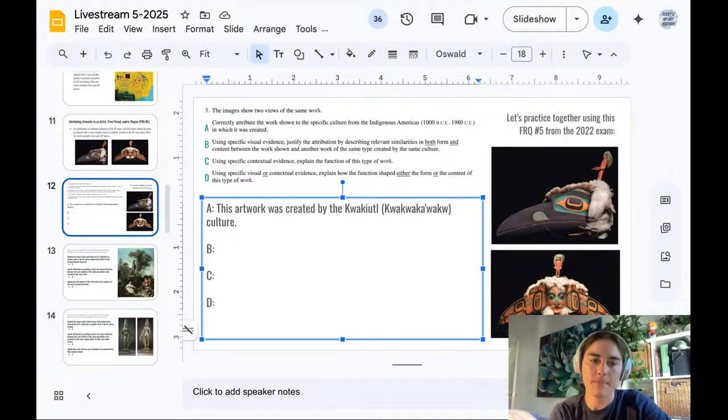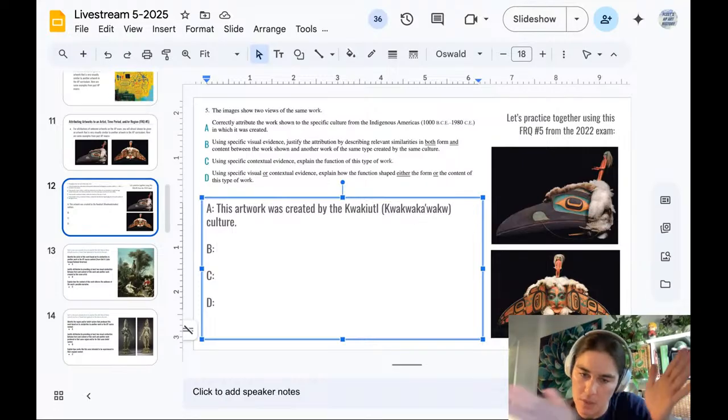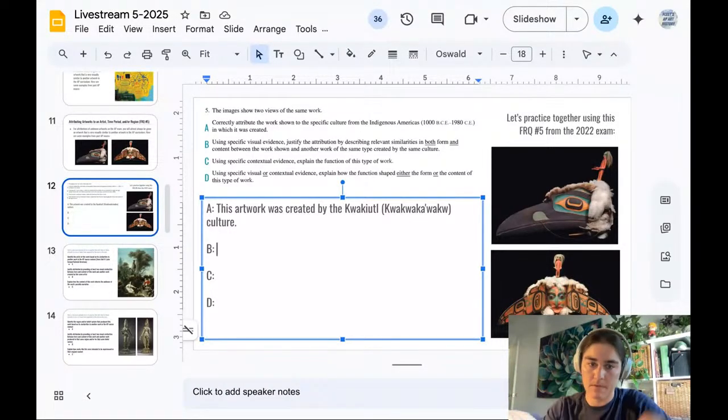So we could talk about this artwork being similar in form in that it has a bird on the outside, and then when you open it up, it has a human face on the inside, right?